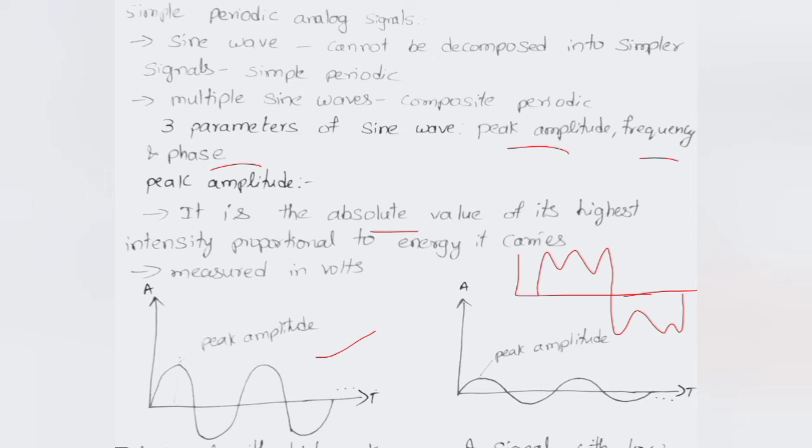In the given sine wave, the signal is high in this position, so this is called the peak amplitude. Similarly, for the signal with low intensity, this is the peak amplitude. Peak amplitude defines the energy it carries. Normally in electrical signals, it is measured in volts.